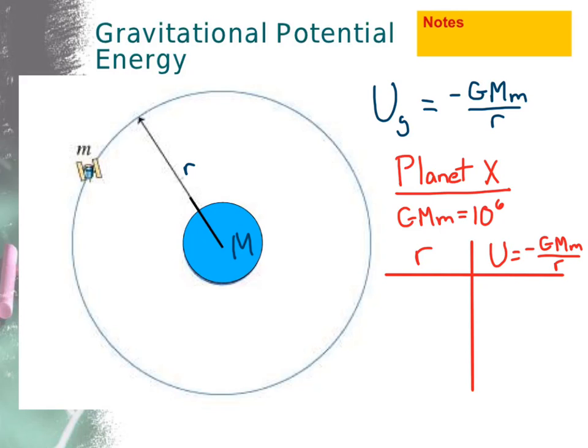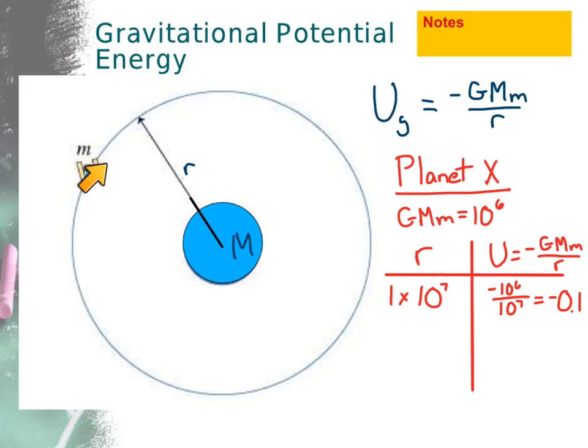So let's go to Planet X, and let's say that our satellite is a distance of 10 to the 7 meters away from the center of Planet X. When I plug this into my formula for gravitational potential energy out in space, I get 10 to the 6, that's this number right here, divided by 10 to the 7, and that turns out to be negative 0.1.